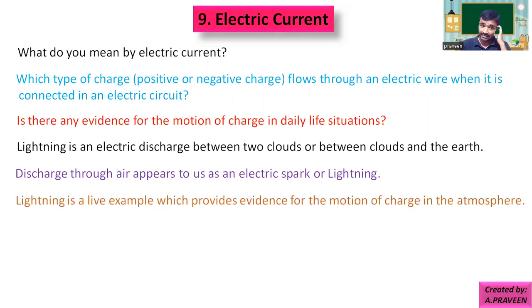So lightning is a live example which provides evidence for the motion of charge in the atmosphere. These are the basic knowledge you learned in 8th class in natural phenomena, and in liquids conducting electricity, the electrical conductivity of liquids.